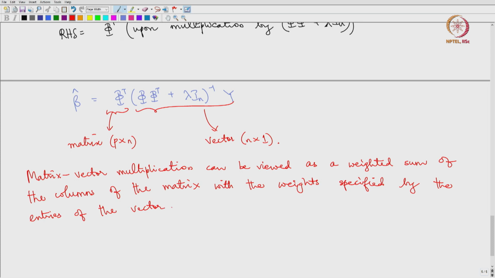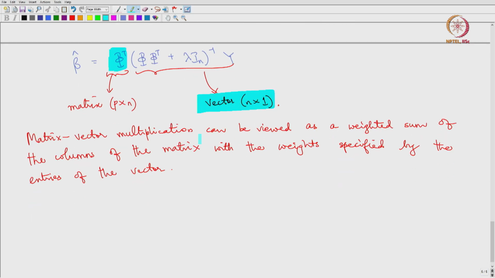So essentially you are doing a weighted sum of the columns of this matrix, with the weights being the entries of this vector.